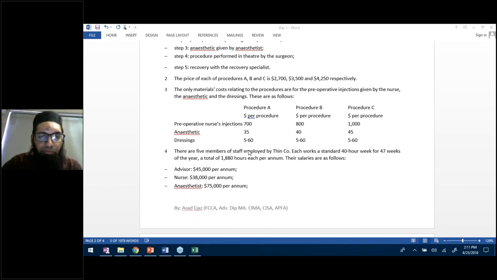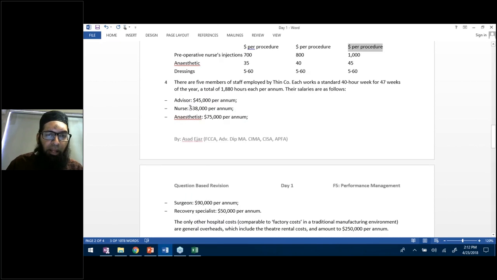Shadid has asked me, sir, if the question has not identified the bottleneck resource, how to find it? Especially in this question, when the hours for each person is the same. For example, advisor, nurse, anesthetic, surgeon, and recovery specialist all have 1880 hours each.